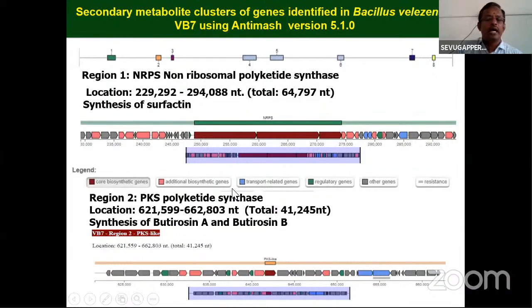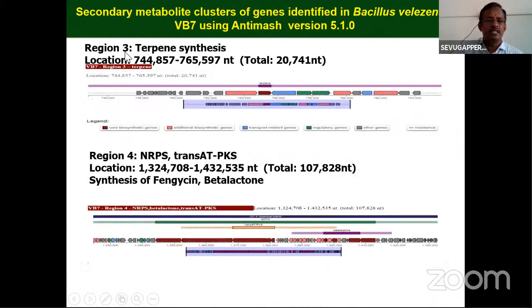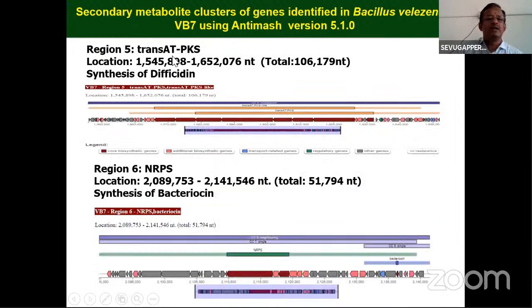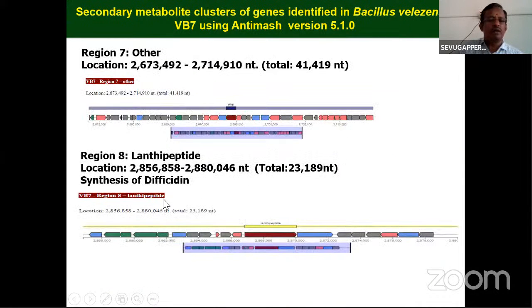The genome annotation reflected the presence of NRPS, non-ribosomal peptide synthetase, in region 1. Region 2 corresponded to PKS, polyketide synthase. Region 3 was terpene synthesis, and region 4 was NRPS trans-AT PKS. Region 5 was trans-AT PKS, and region 6 was an NRPS cluster coding for bacteriocin.